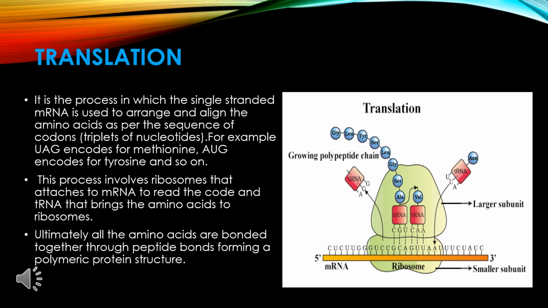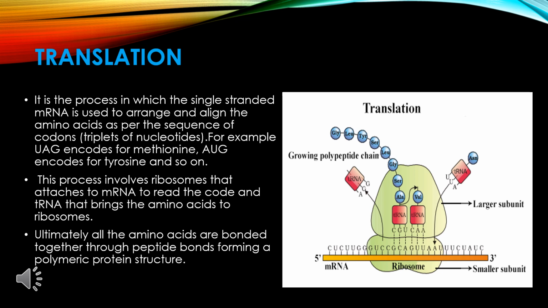When the translation begins, what happens is messenger RNA comes out of the nucleus into the cytoplasm. Now, the ribosome binds. A ribosome has two different subunits, a larger subunit and a smaller subunit. Ribosome binds with the messenger RNA using its smaller and larger subunits. Now, the ribosome then starts reading the sequence.